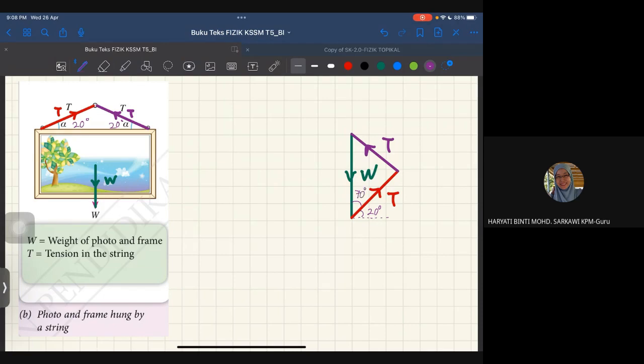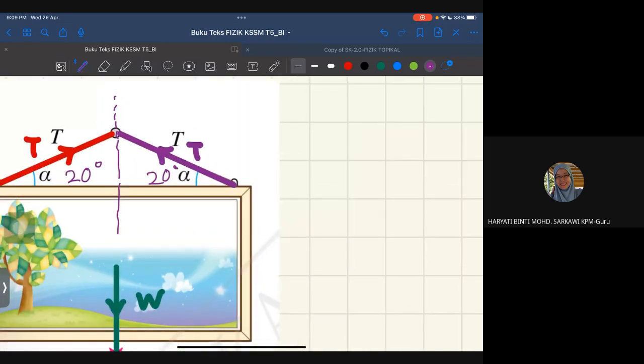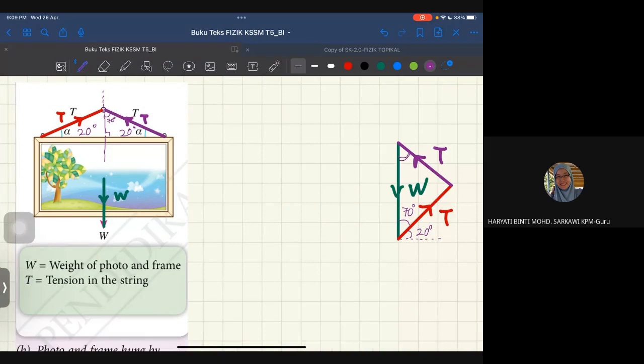Boleh? And then what would be this angle? What would be the angle according to the diagram? So one way to know the angle would be you can draw here. Can see? So this is 20 means that here will be 70. This is 90, right? So means that this angle is actually 70 degree. Is this 90 degree?